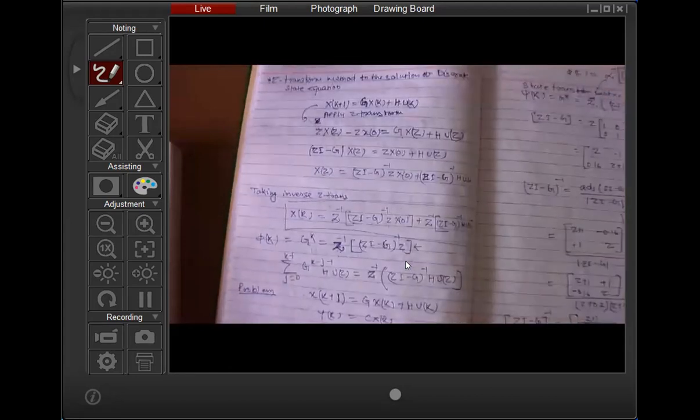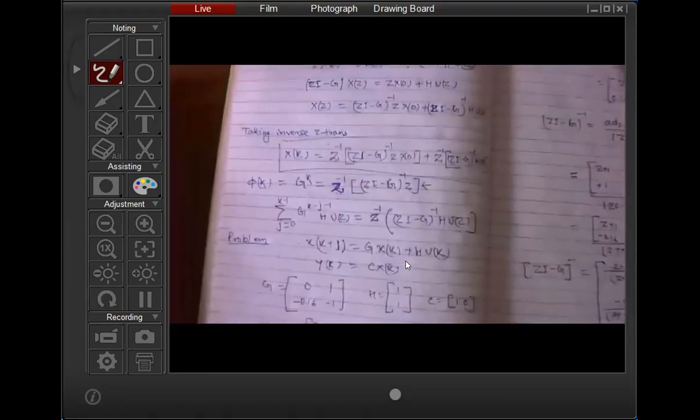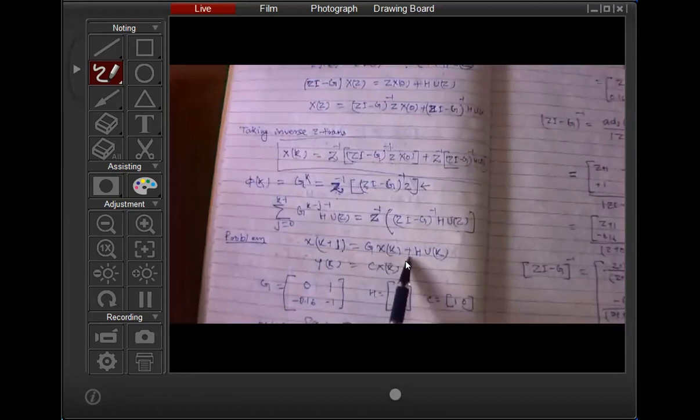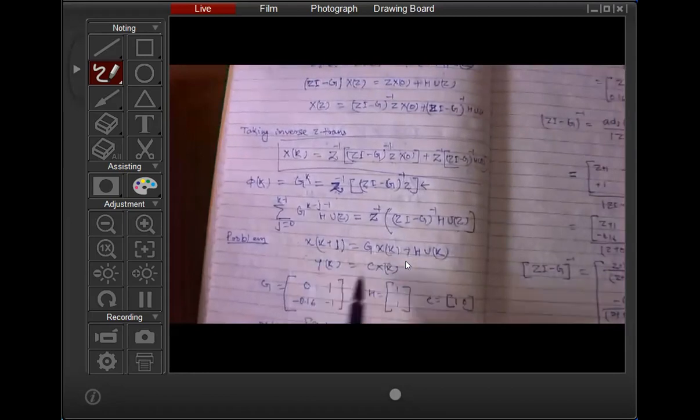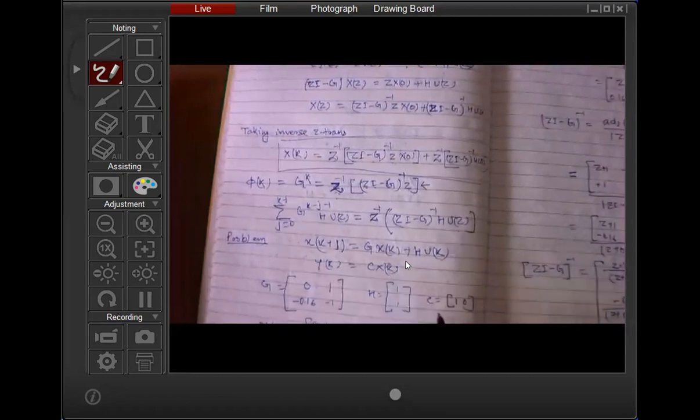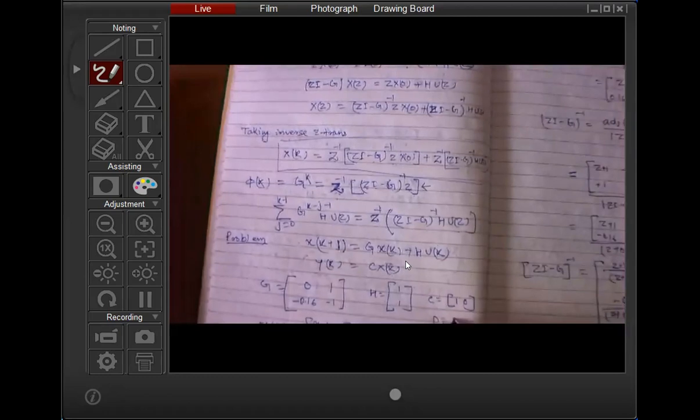In the last class, I solved one problem. Suppose a discrete state space equation: x(k+1) = G x(k) + H u(k), y(k) = C x(k). There is no D into u(k) part, so the D matrix is equal to 0.